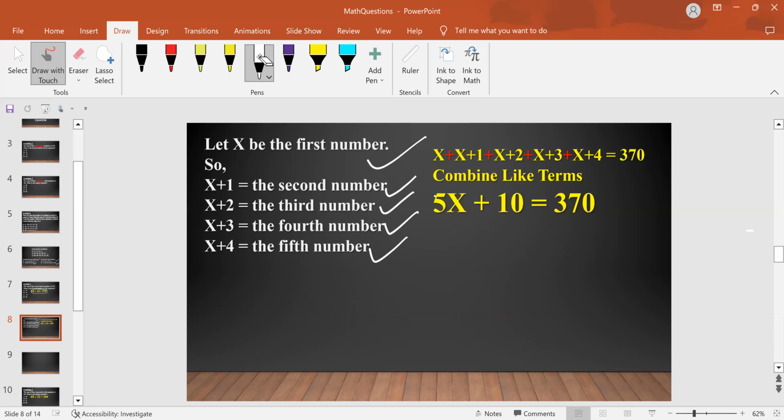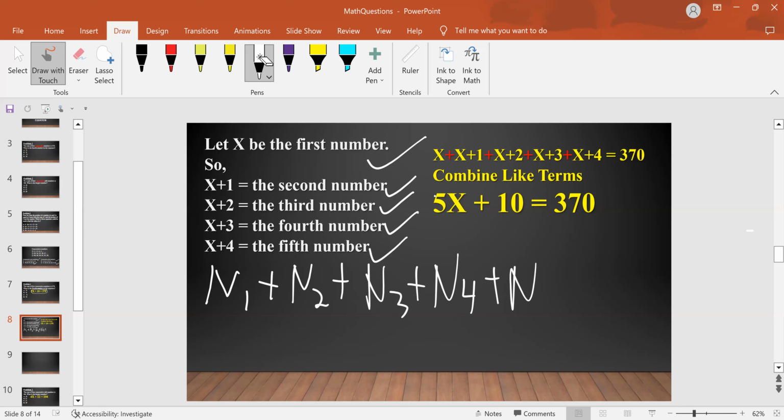Now, if we add all the 5 numbers, because they say first number plus the second number plus the third number plus the fourth number plus the fifth number, in total we have 370.